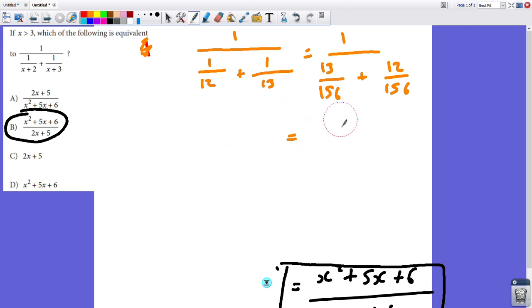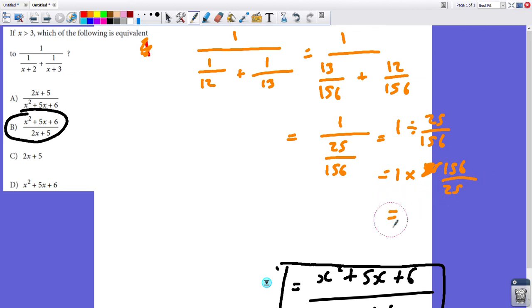I can write this as 1 over 25 over 156, which is equal to 1 divided by 25 over 156, which is equal to 1 times by 156 over 25. So that's what I get when I plug in 10 into my original expression.